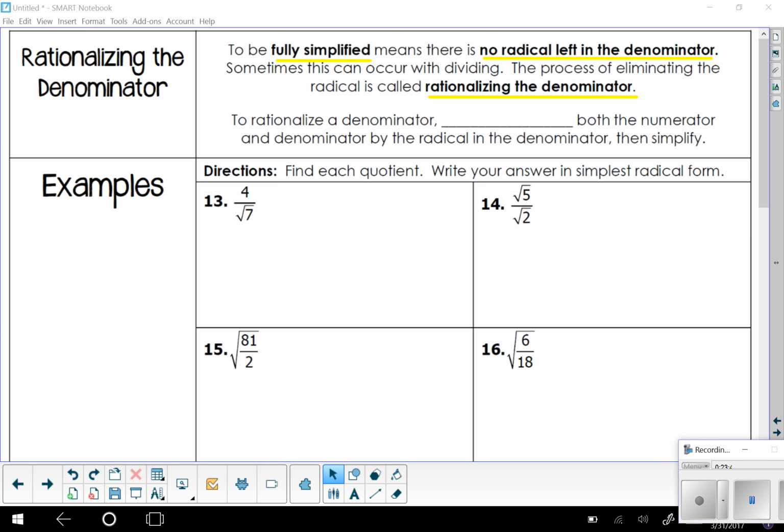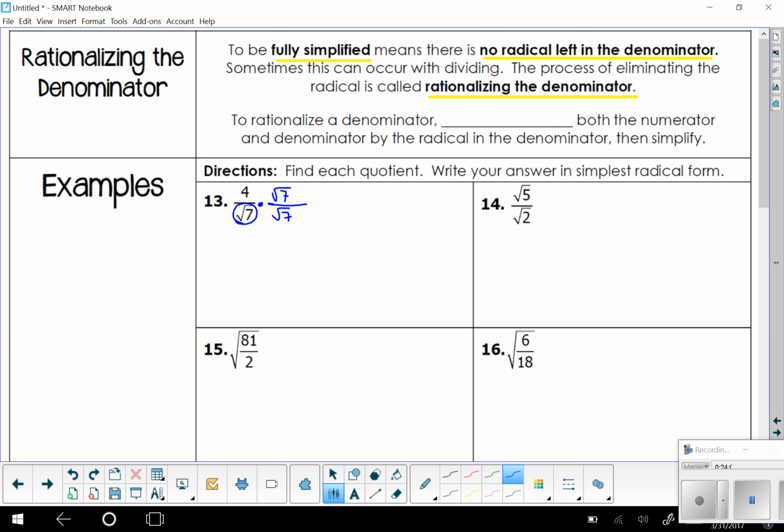So the way you do this is, because we can't have a square root in the bottom here, you're going to multiply by the square root of 7, top and bottom, because you can't have this in the denominator. You don't care if it's at the top in the numerator.